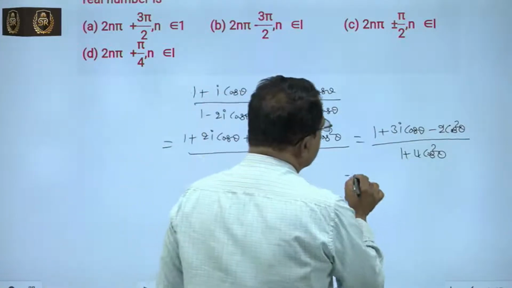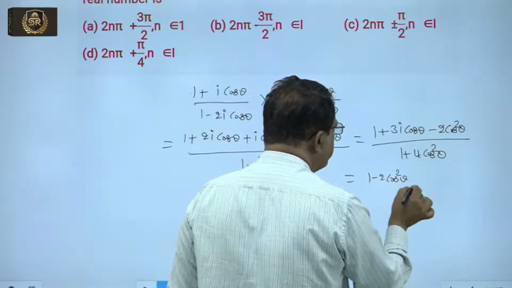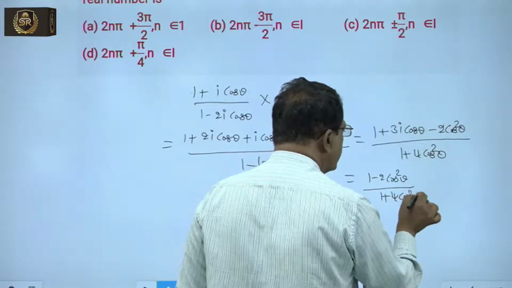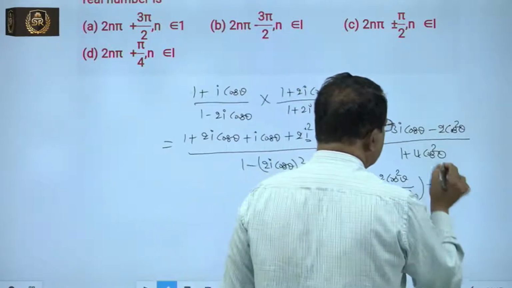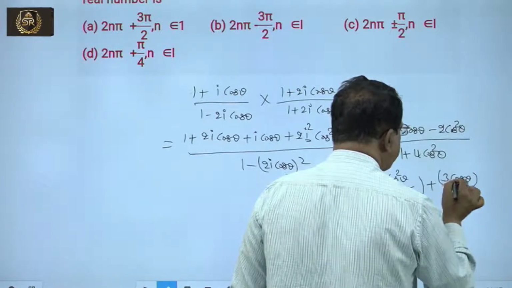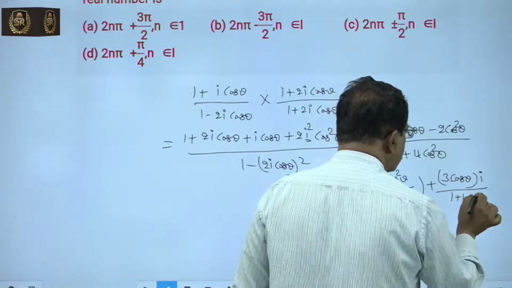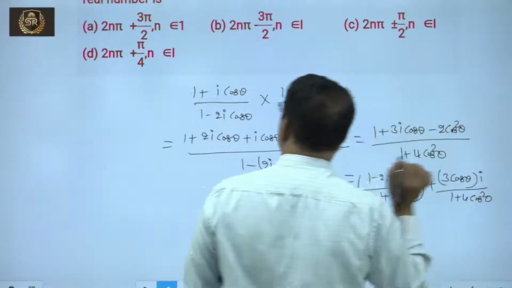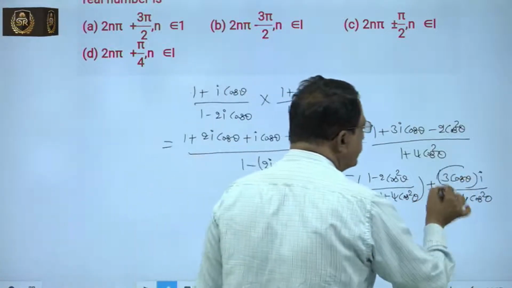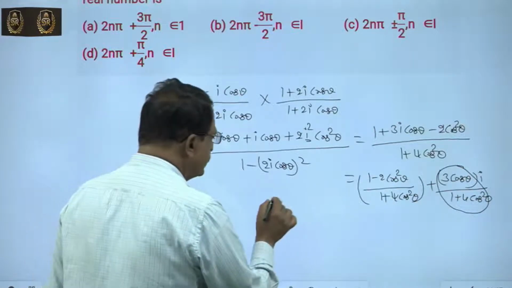Now that equals 1 minus 2 cos square theta by 1 plus 4 cos square theta plus 3 cos theta i by 1 plus 4 cos square theta. But in the problem it is given that it is only a real number. If it is a real number, then the imaginary part equals 0.